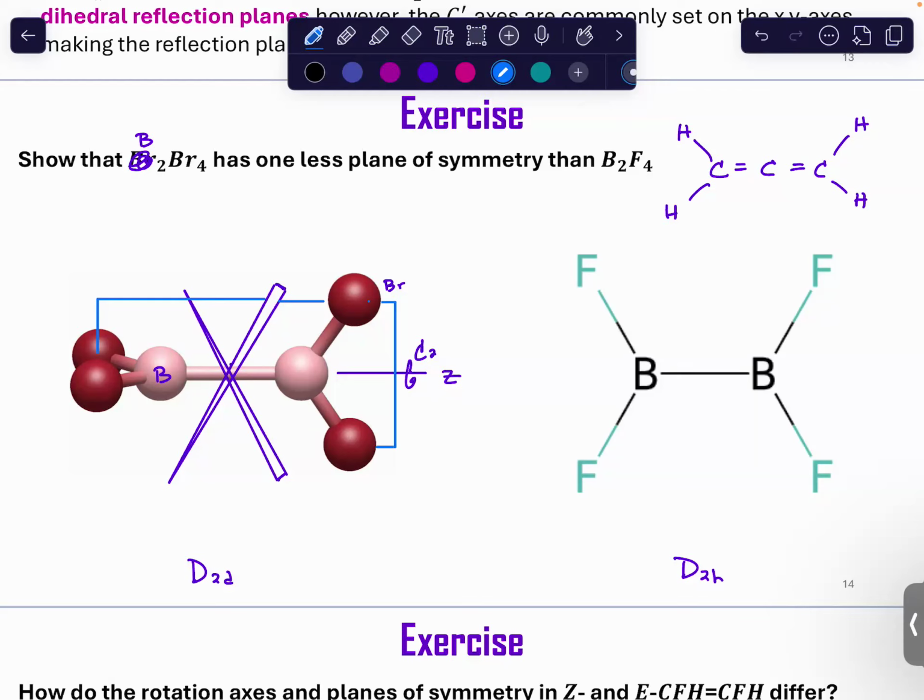And then I'm having issues. I'm not an artist. Okay. So you can kind of see how it splits those two. Yeah. And so since that's a C2 and a C2, that's a sigma d.